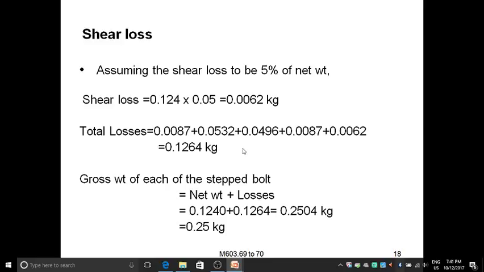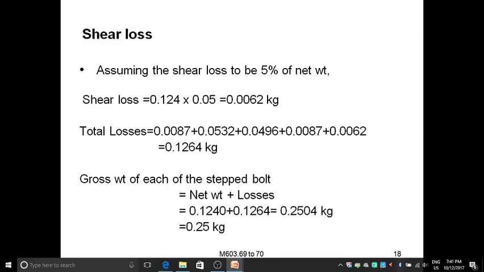But in this case he is asked to calculate the gross weight of the object by considering all the losses. Up to that only we are calculating. In the next slideshow we will see how to calculate the cost of the forging.